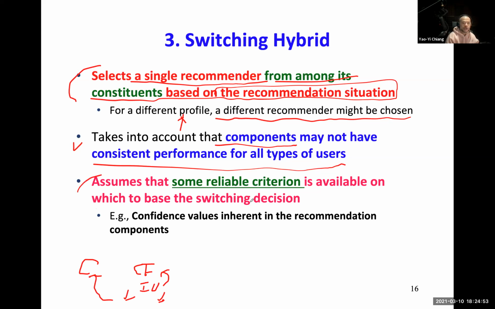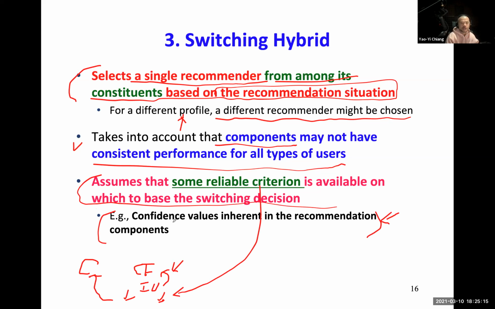So the assumption is you have some reliable criteria for this switch decision. In my example here, my decision is based on the number of ratings you have for users and for items. So this could be confidence values from the recommendation system, or it depends on your recommendation system.